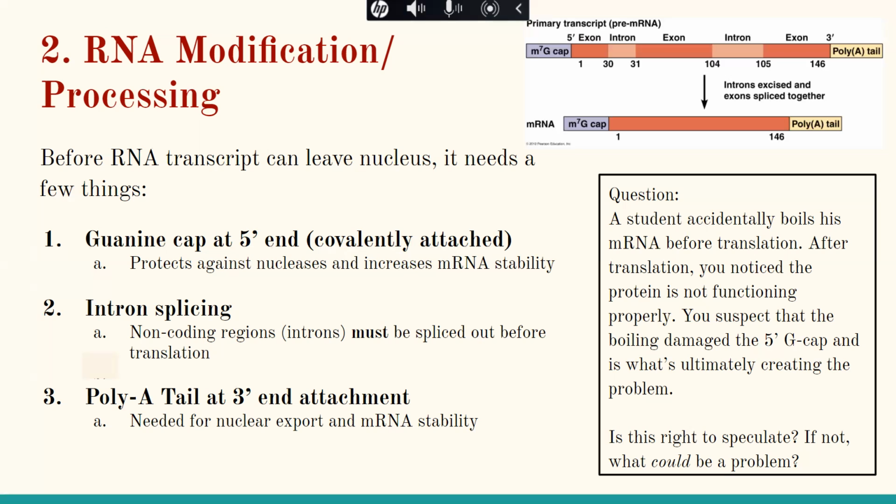a good argument to make, that maybe the boiling messed up the 5' cap, or do you think maybe the problem could be elsewhere? I don't remember if I'm getting confused with the poly A tail, but I don't know if translation would still occur without the 5' cap, or if it would occur, but because you don't have that 5' cap, you can have endonucleases chewing off bits at that end, and so now you're missing some of the amino acid sequence.